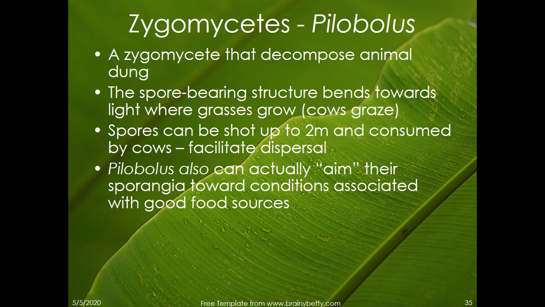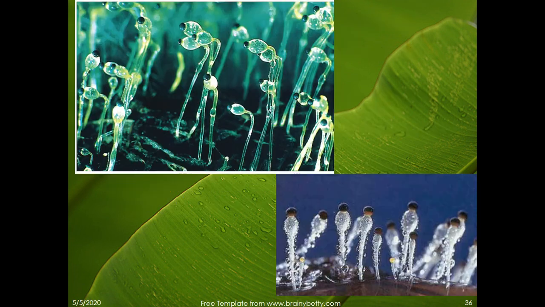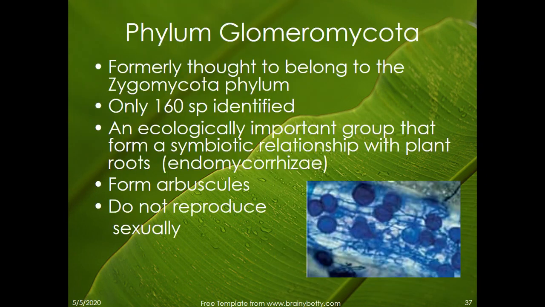Okay, and then once they shoot the spore, the grass on the right side later will be eaten by the cow and be dispersed by the cow. It's very clever, right? Okay, it does look like this. It is facing the light, or it's facing the good source of nutrients.